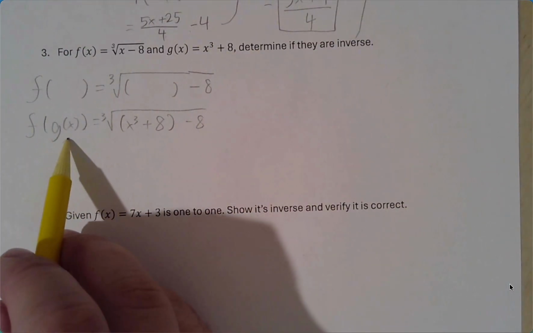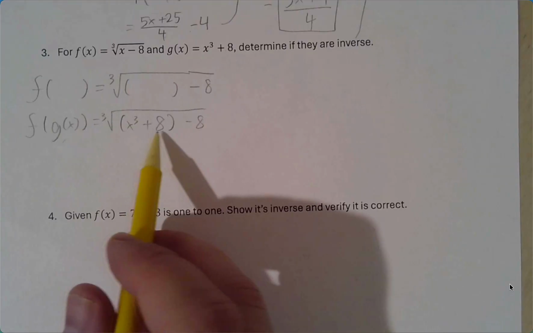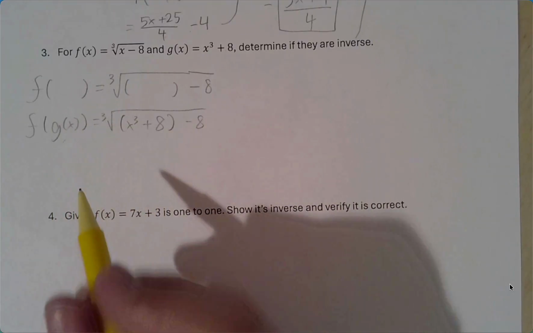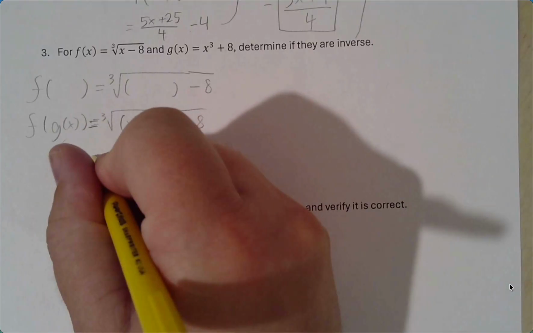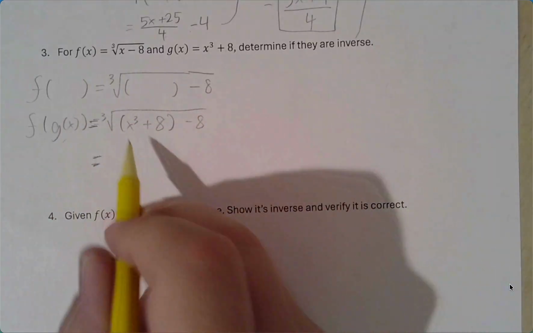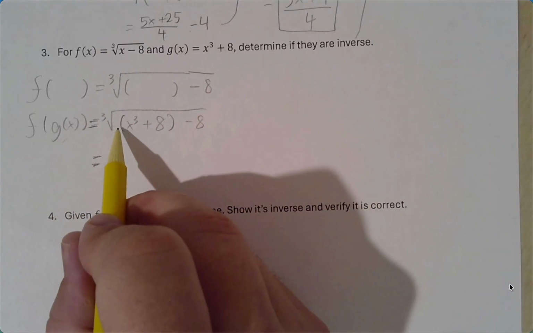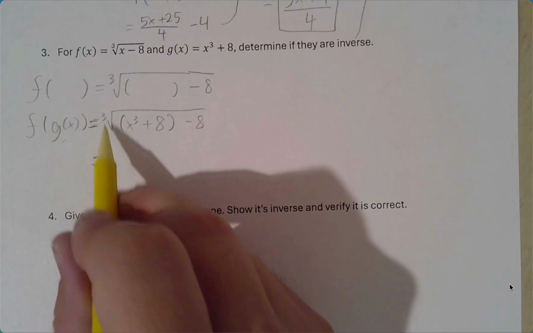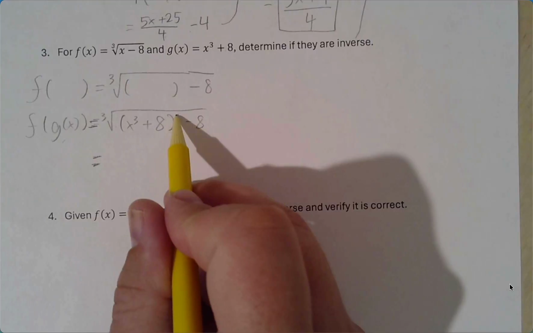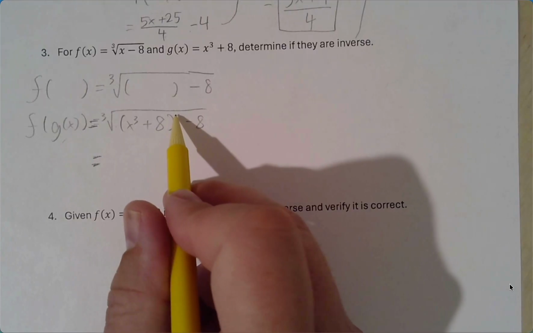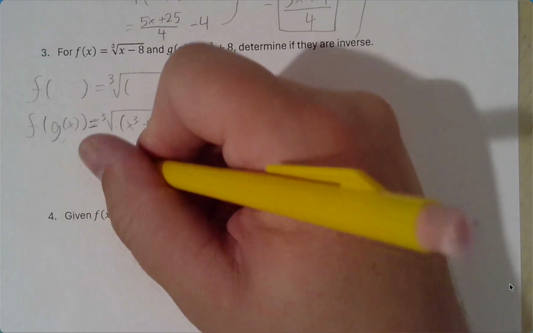I plugged in g of x, but g of x is x cubed plus 8. Now, careful about the order of operations here. From there, here's what happens. The parentheses are unnecessary because inside of this cube root, there's nothing multiplying first to that parentheses. There's no exponent inside on top of the parentheses, so the parentheses aren't necessary.